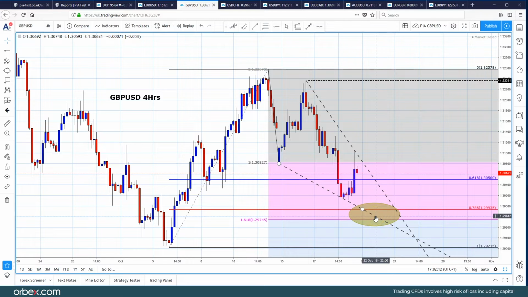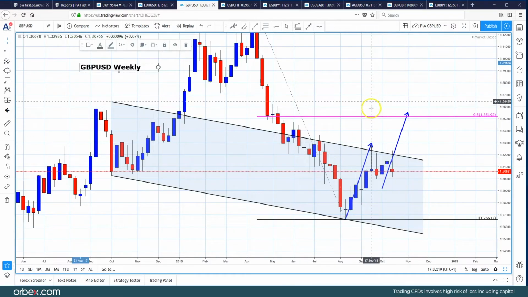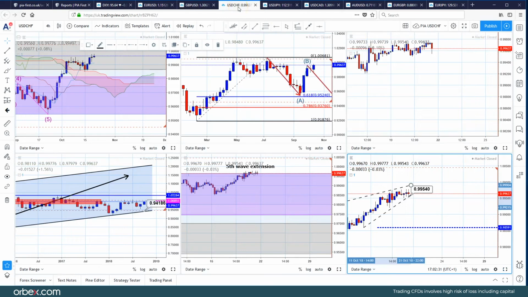I think any dips around 130 the figure are going to offer quite decent risk reward, because remember what we're looking at in the long term is this move up towards the previous area of resistance and an ABCD formation around about 135, 135.50.